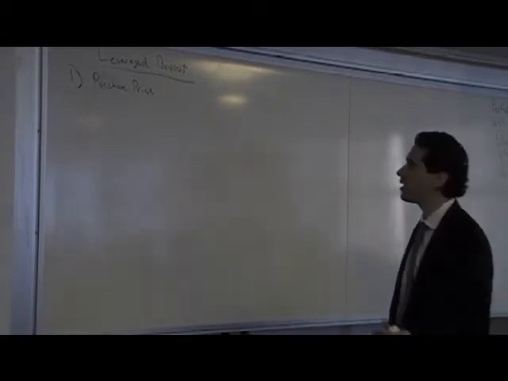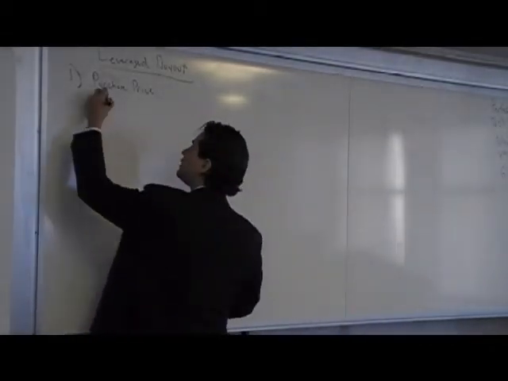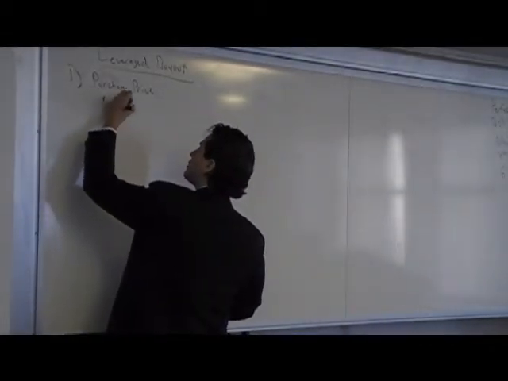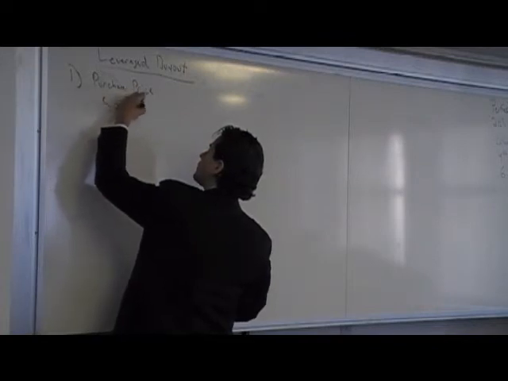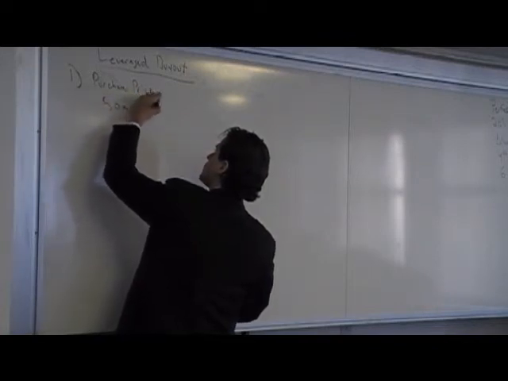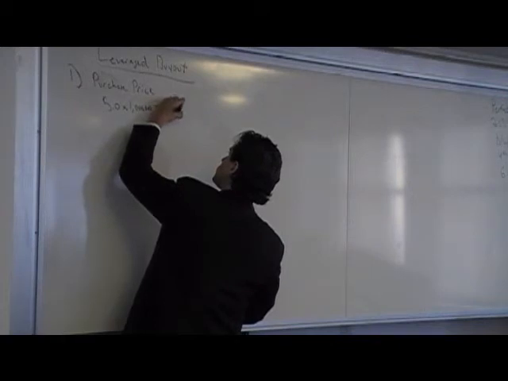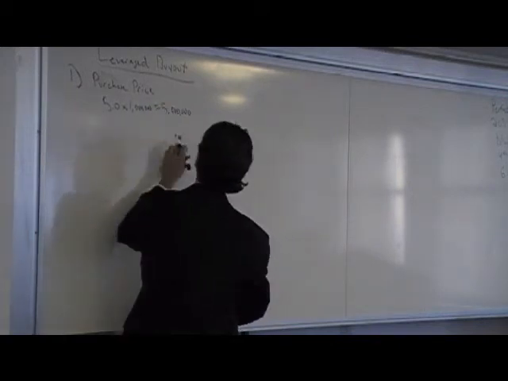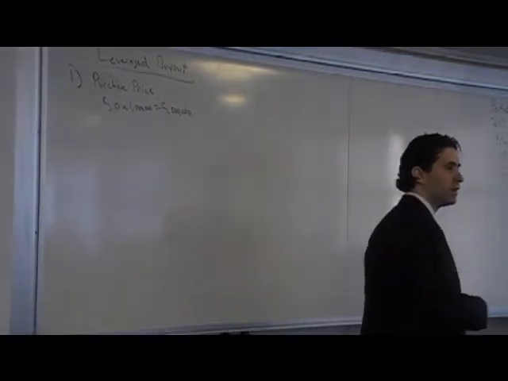So what else do you need? Let's say the EBITDA is $1 million. Company has $1 million in EBITDA. Real simple. We're going to buy it for $5 million. Now what do you need from me?